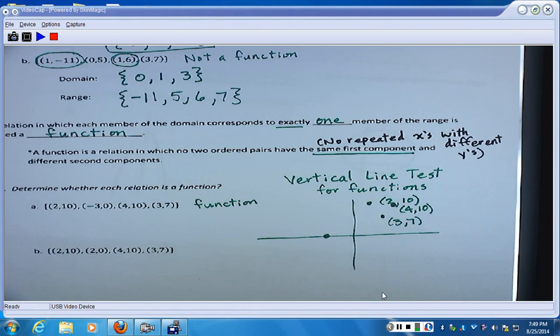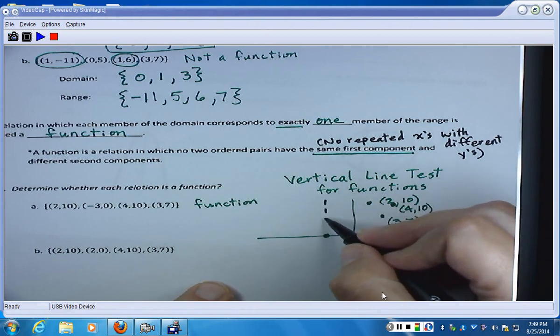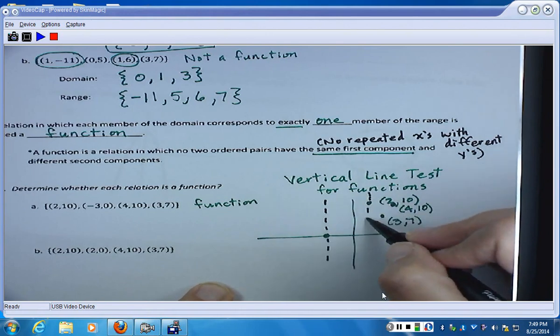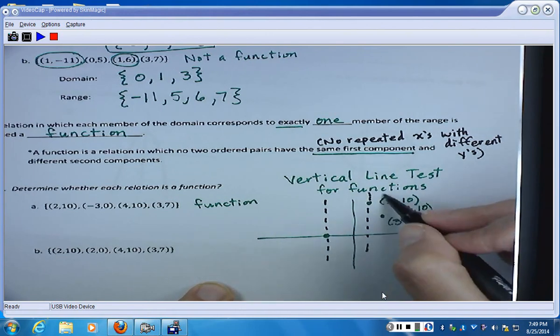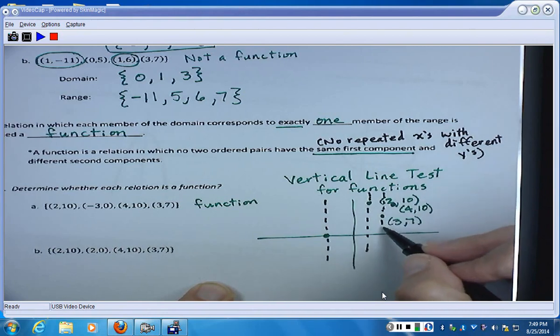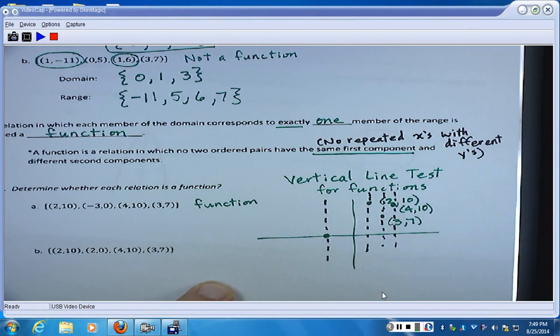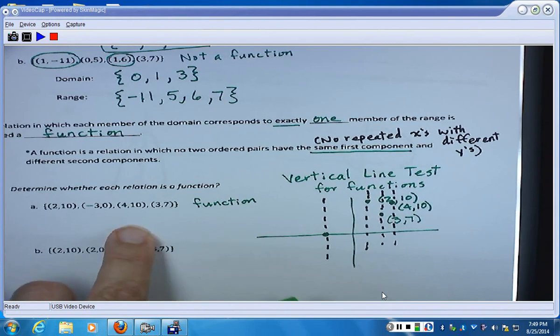Notice that if you draw a vertical line, you can only draw one through one point. I don't know if you remember this vertical line test. And I like to use it on relations like this too.